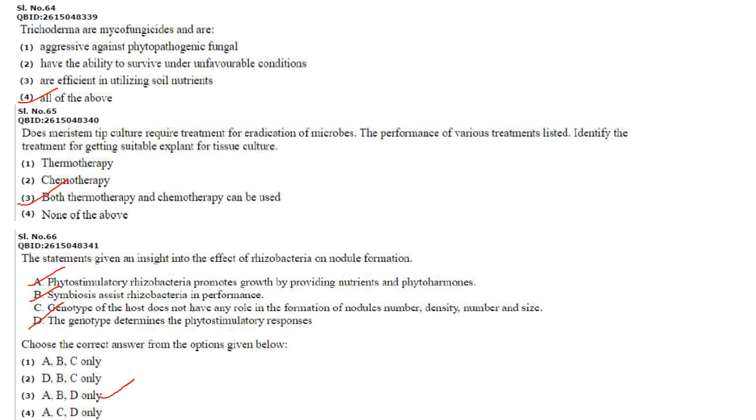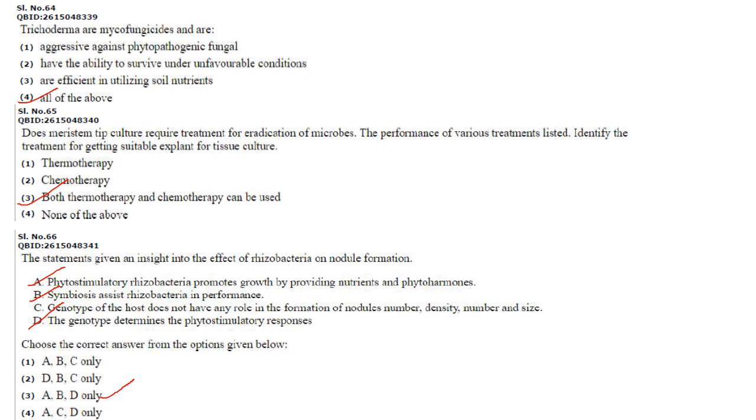Next one. The statements give an insight into the effect of rhizobacteria on nodule formation. Choose the correct statement from the options given below. Phytostimulatory rhizobacteria promote growth by providing nutrients and phytohormones. Yes. Symbiosis assists rhizobacteria in performance.